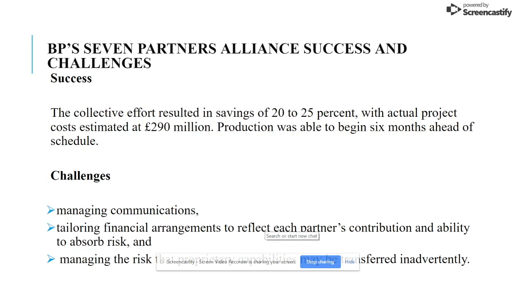The main success that was experienced from this alliance was that their collective efforts resulted in a savings of about 20 to 25%, with actual project costs estimated at £290 million. Also, the production was able to begin 6 months ahead of schedule.